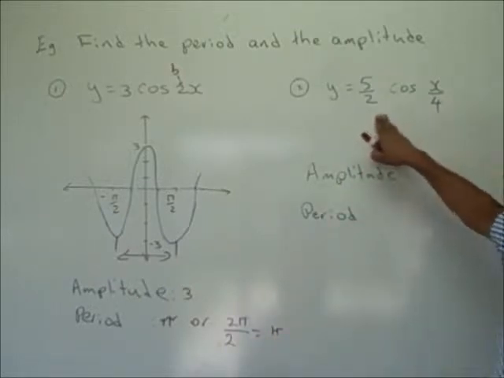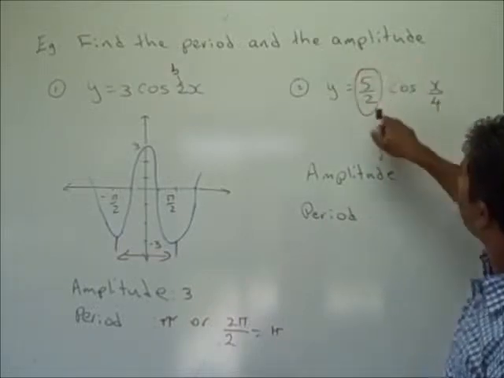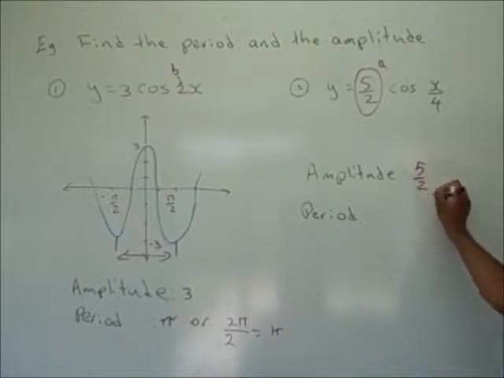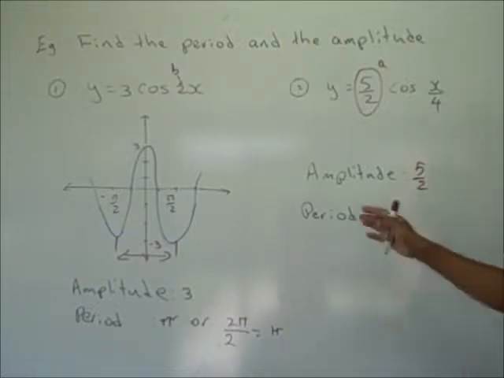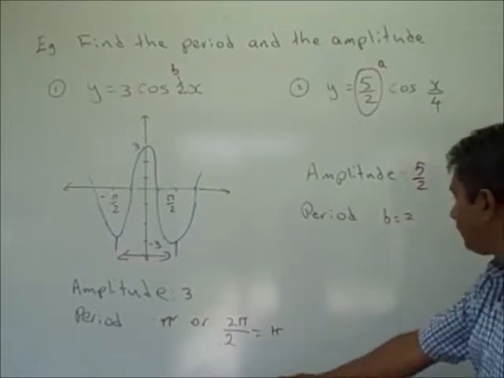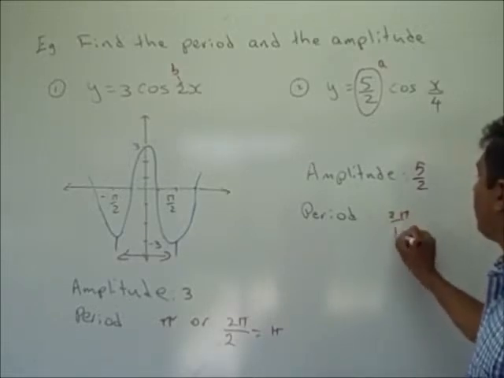Here we're only given the equation. So we know the coefficient of the cosine is our a, so our amplitude is 5/2. The period, we don't have the graph, so we have to use our formula. The period is equal to 2 pi over b.